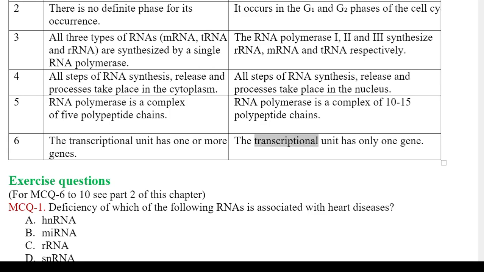Exercise questions. For MCQ 6 to 10, see Part 2 of this chapter. MCQ 1. Deficiency of which of the following RNAs is associated with heart diseases? hnRNA, mRNA, rRNA, snRNA, tRNA.